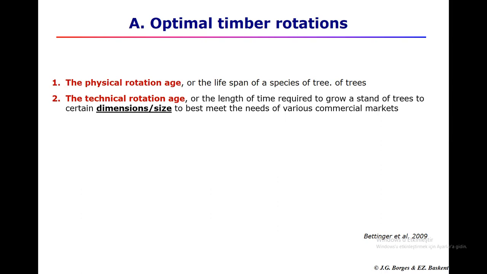If the management objective is to provide materials for pulp and paper, where size is not important, then we look at the maximum amount of volume that we can get from the stand or from the forest.